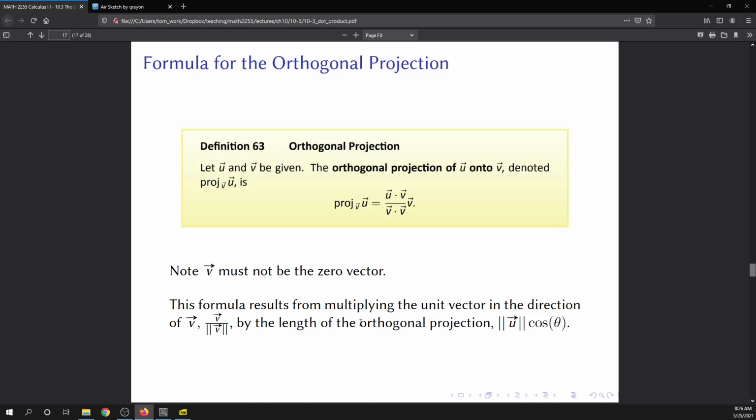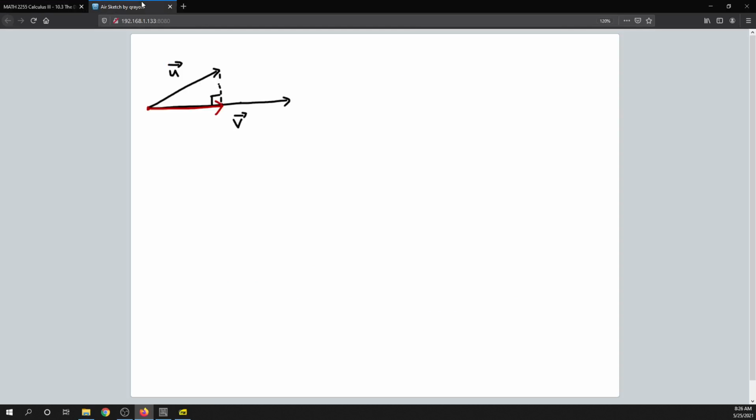All right, and so the unit vector in the direction of v would be this vector right here. We would take v and divide by its magnitude. So that's going to give us another vector, a unit vector in this case, that points in the direction of v. So that would kind of look like this, like so. Okay.